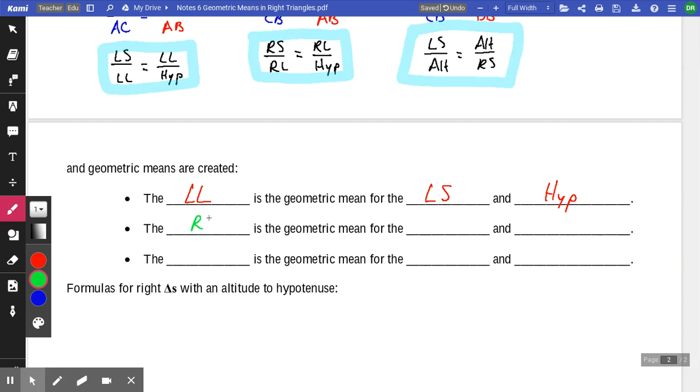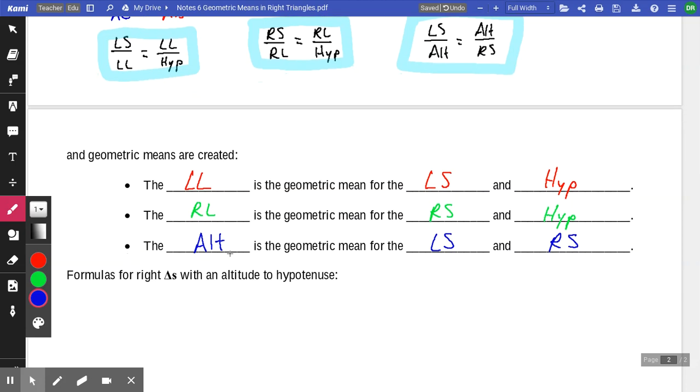So the right leg is the geometric mean for the right segment and the hypotenuse, the other two values in that proportion. And then lastly, the altitude is multiplying with the altitude in this last case. And so we say the altitude is the geometric mean for the other two sides, the left segment and the right segment. And those are the three formulas we're going to use.